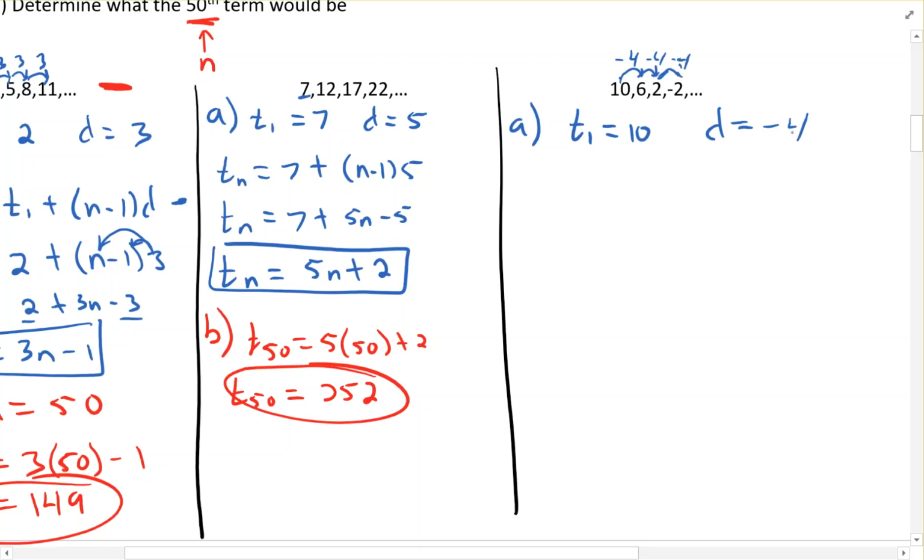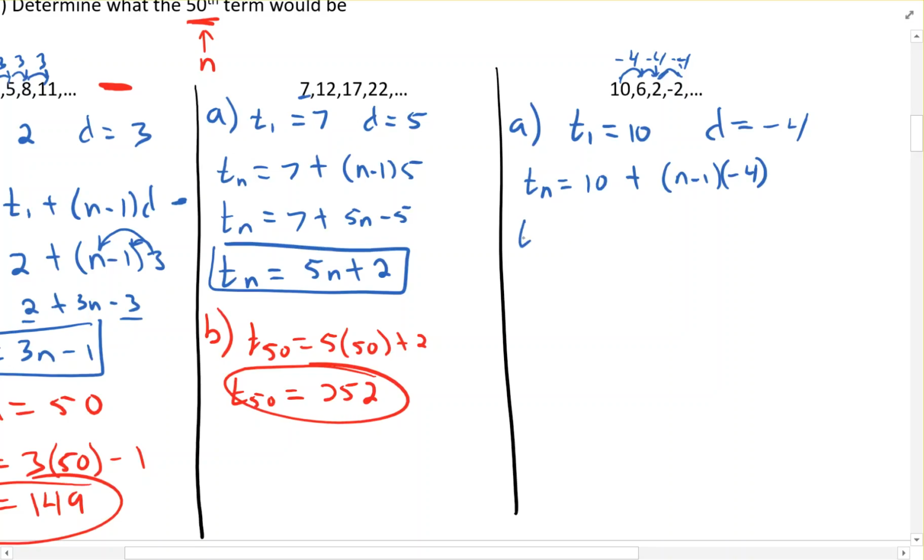All right, so now we'll just plug stuff in again. So Tn is equal to 10 plus n minus 1 times negative 4. I'll put a bracket there so we know to multiply and not to subtract.